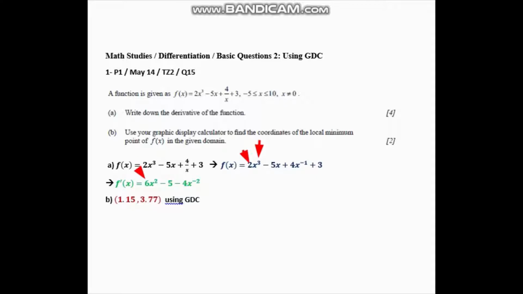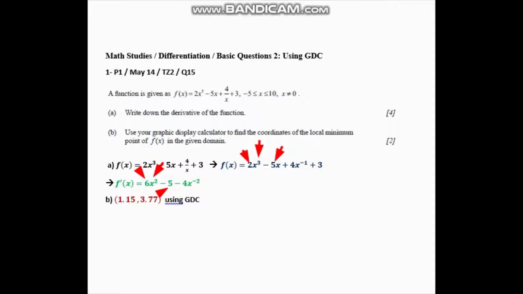Next, I shall reduce the power by 1, so I get x squared. For the second term, negative 5x simply becomes negative 5, because negative 5x is like negative 5x to the power of 1. So x to the power of 1 becomes x to the power of 0 and vanishes.